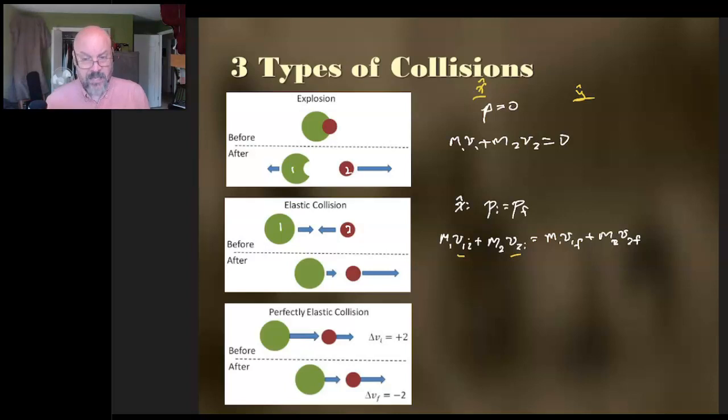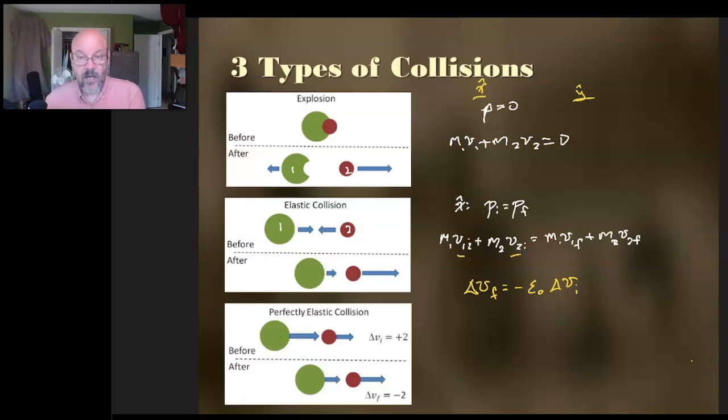So we need another piece of information, and that has to do with the elasticity, what we would call the restitution of the collision. It works like this: delta V final is minus epsilon naught delta V initial.